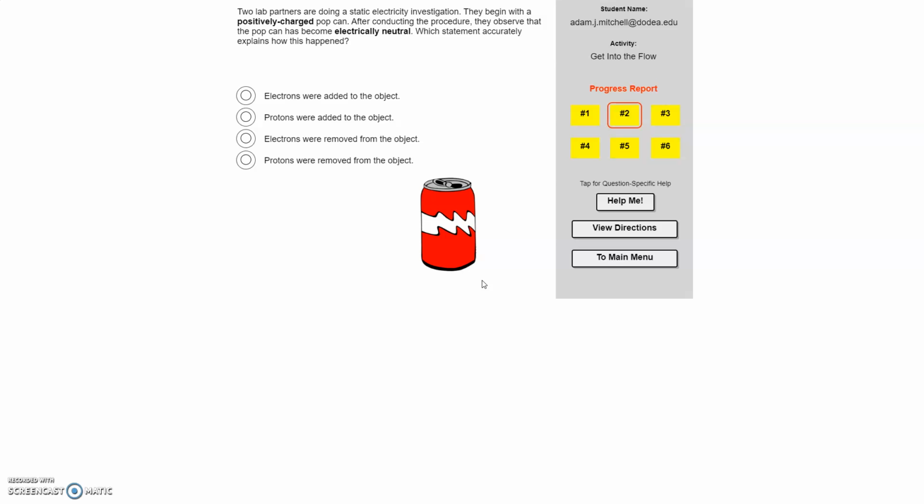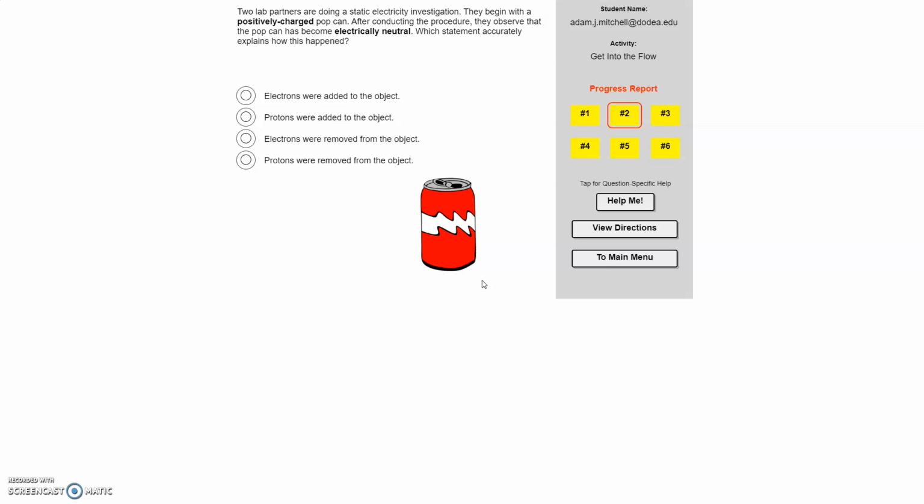So the key to understanding this idea of charge is to remember that matter is made of atoms, and atoms are made of protons, neutrons, and electrons, and the electrons and the protons have charges. Electrons are negatively charged, protons are positively charged.